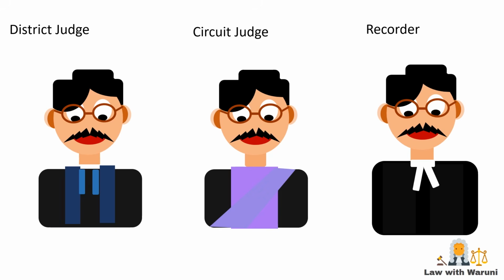Circuit judges hear cases of greater importance or complexity. A district judge generally keeps an overview of a case to make sure it is running smoothly. In this picture, you can see the distinctive style of their dress.